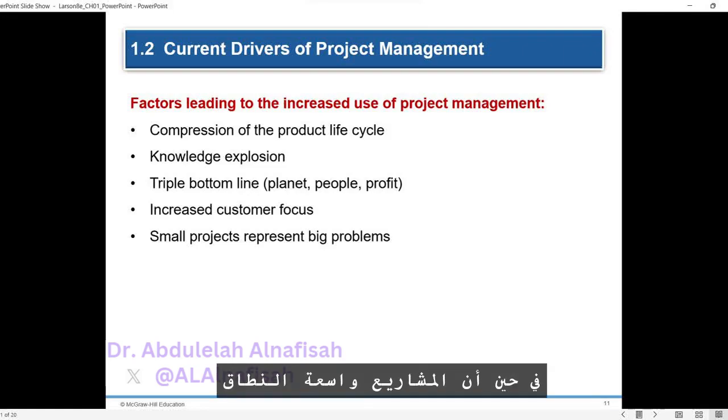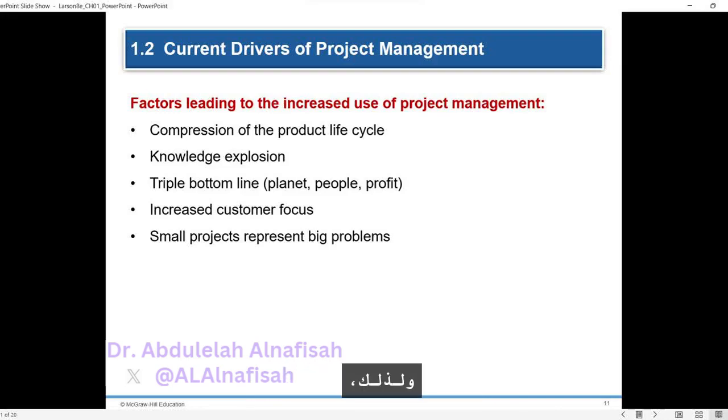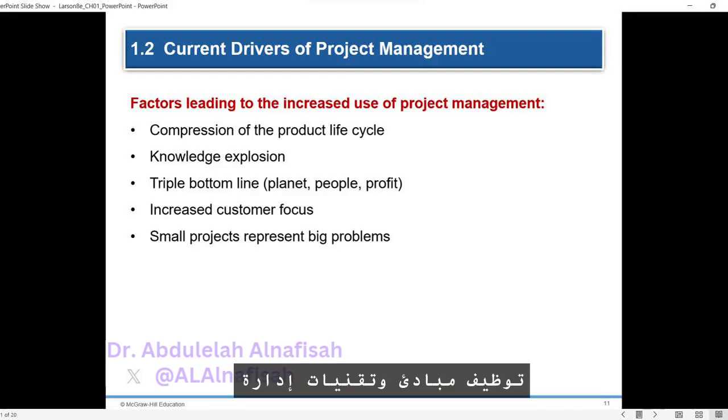While large-scale projects often receive significant attention, smaller projects can also pose significant challenges. Organizations have realized that even small projects can have a substantial impact on business operations, customer satisfaction, and overall success. Therefore, employing project management principles and techniques helps address the complexities and risks associated with small projects, ensuring their successful completion.